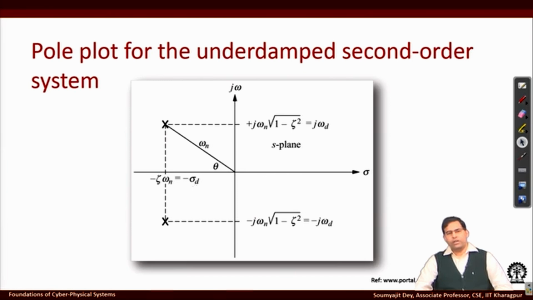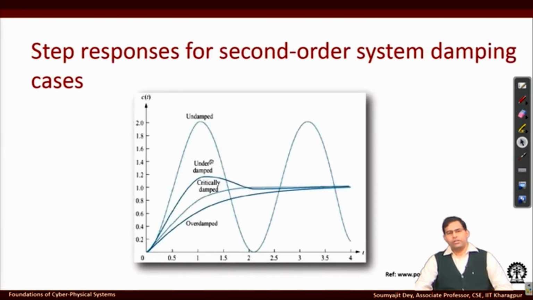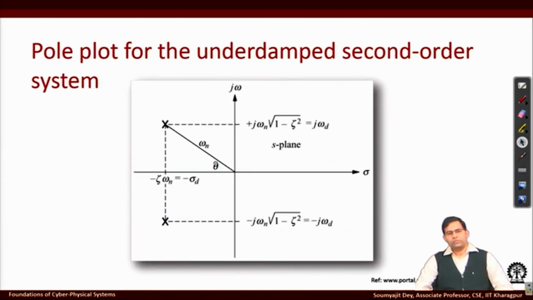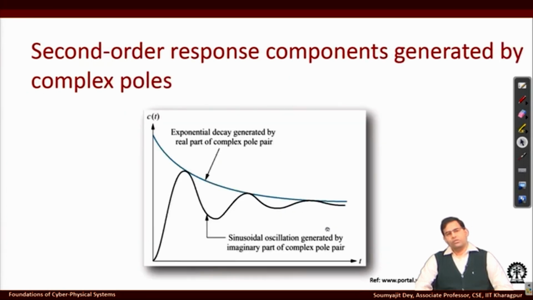If we try to correlate like this, here you have these two pole positions, with the real part being minus zeta omega n and the imaginary part given by these values. And if you write omega n times square root of 1 minus zeta square as omega d, that gives you the natural frequency of the oscillations. So, there are two parts here.